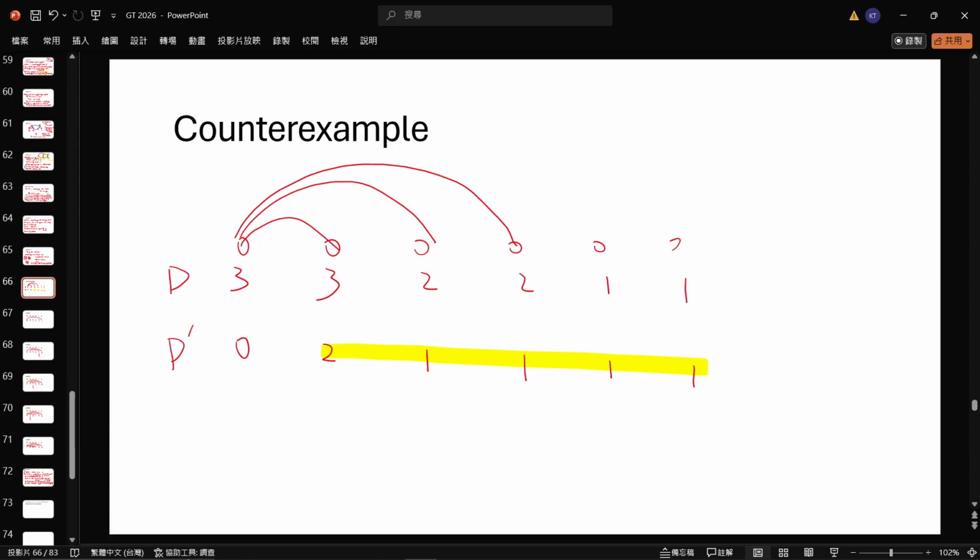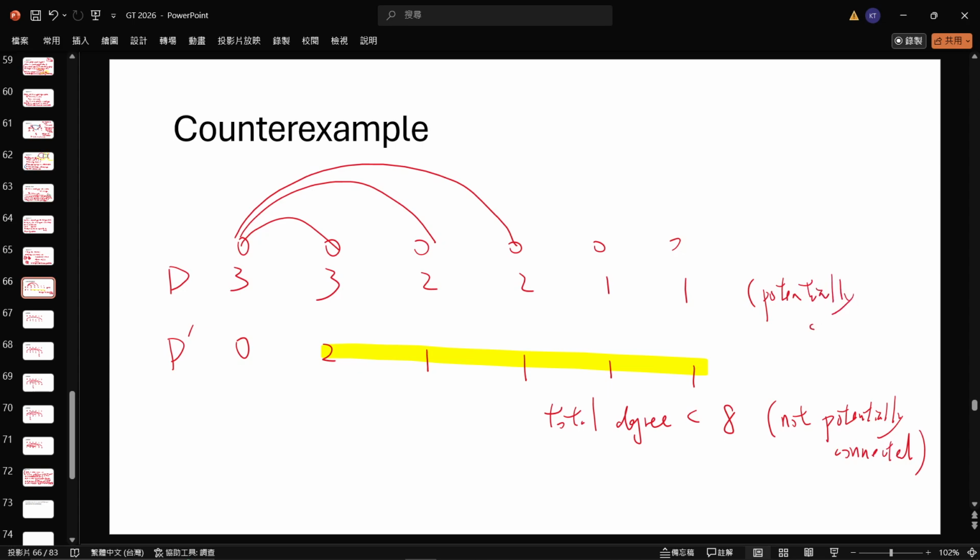So total degree less than 8, okay? So this is not potentially connected. Okay, but the original one is, okay?